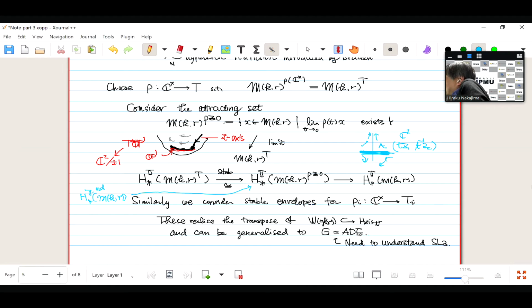But if you start to consider type B or C or F or G, then in rank 2 you have additional cases, namely B2 and also G2. Those cases are not type A, so you need to do some computation, but we cannot do that for type B2 or G2. That's the reason why we cannot do more general groups. And also, the expectation is that we don't get the genuine double algebra for the case of BC, FG.